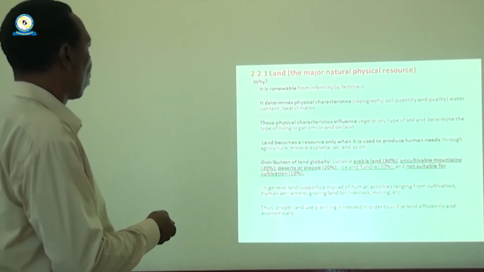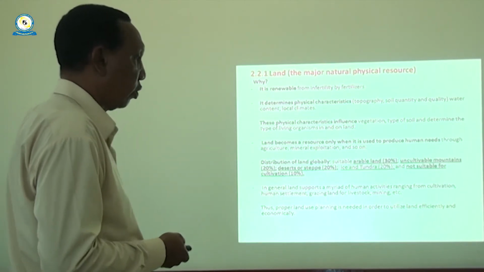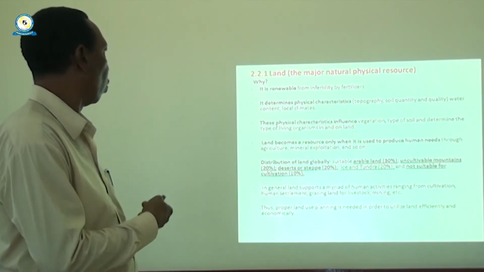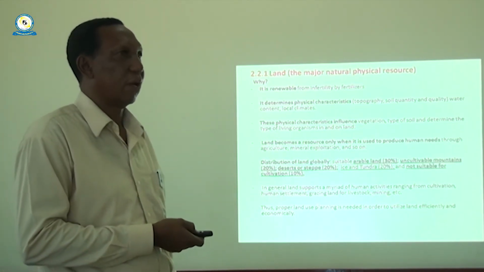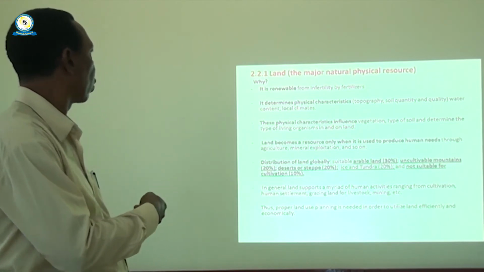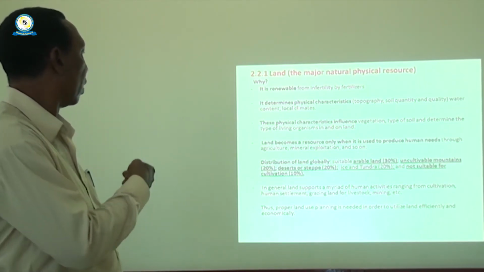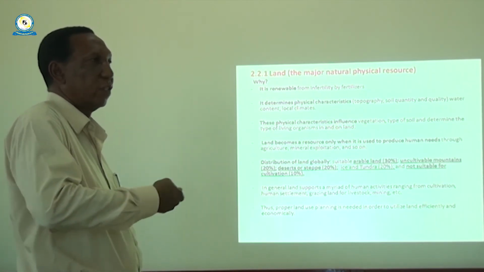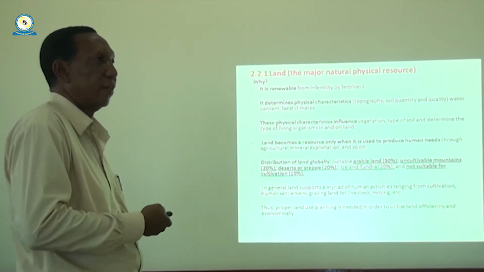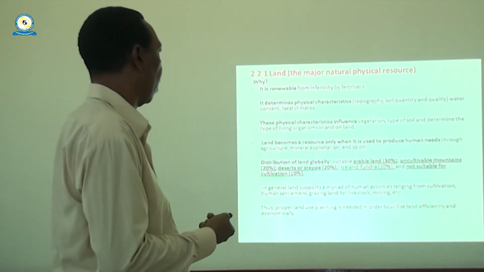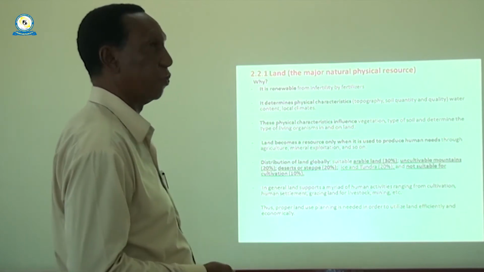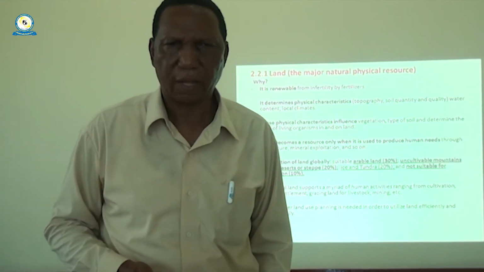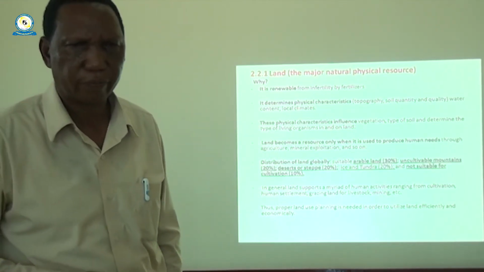Also, land possesses the physical characteristics: topography, soil quality, water content, and local climate. Once these characteristics are found in land, they also influence other factors like vegetation, type of soil, and determine the type of living organisms that could be found in the soil.